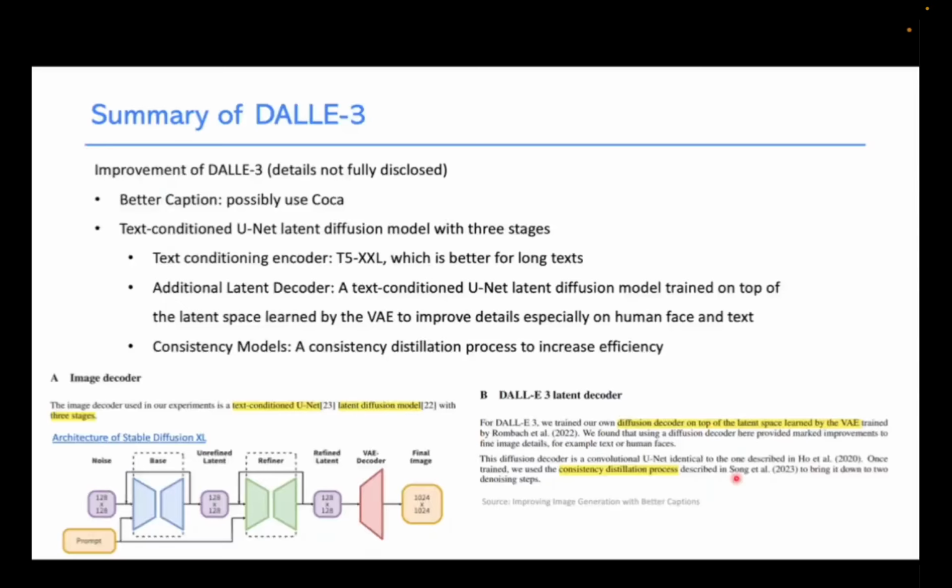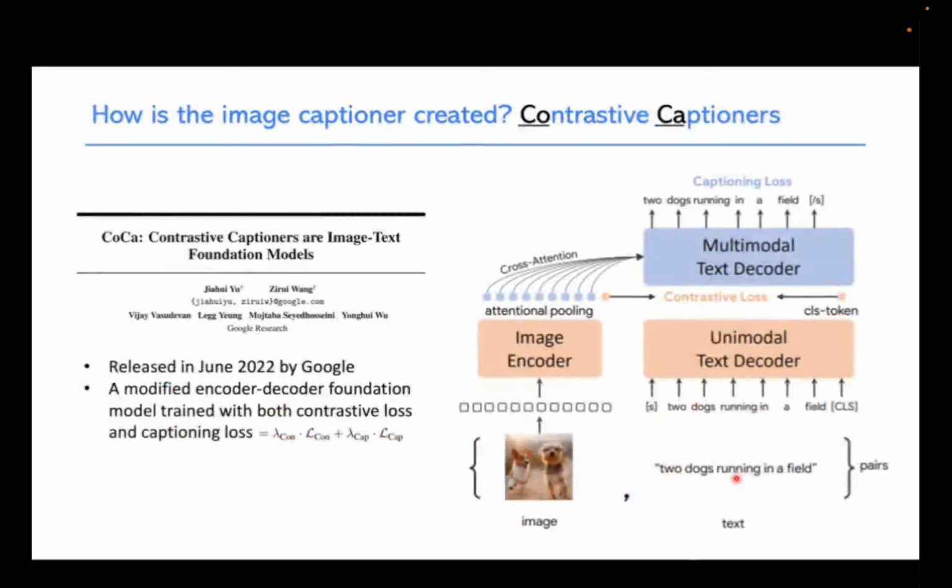One quick question, back to CoCa. This is the training process. During inference, are we using the unimodal text decoder or the multimodal text decoder? That's a great question.